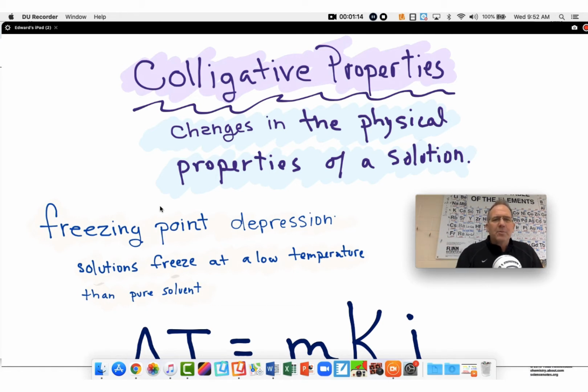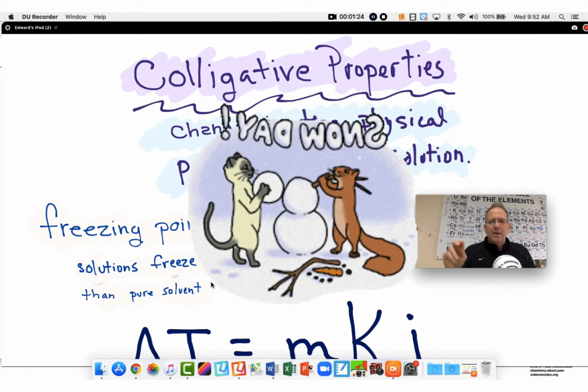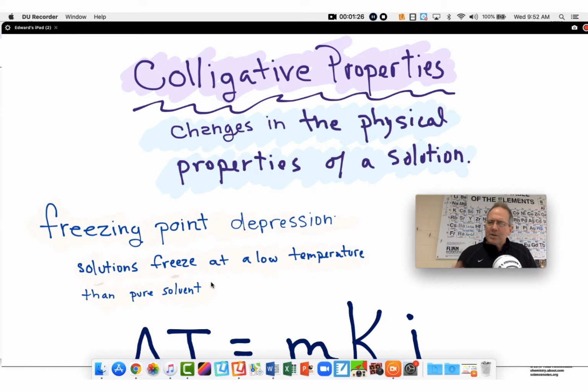So freezing point depression is when the solution freezes at a lower temperature than the pure solvent. Our example, again, was salt water on the roads. Also, if anybody has made ice cream with the old hand churner, it's the same thing.